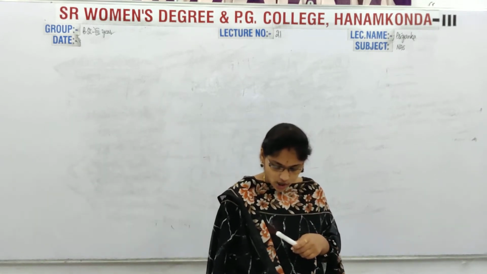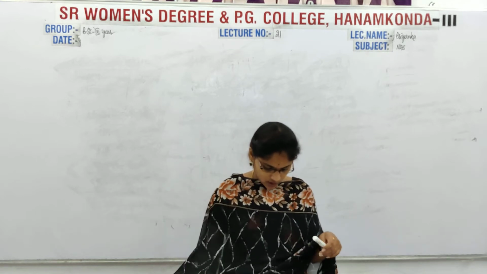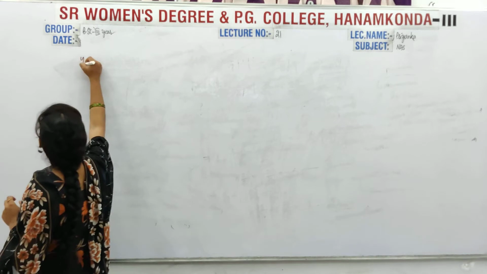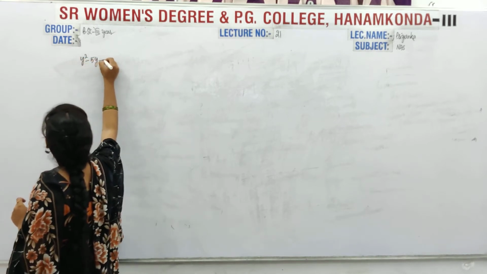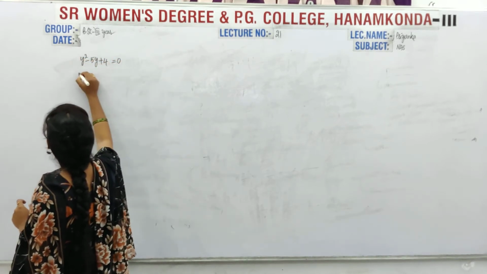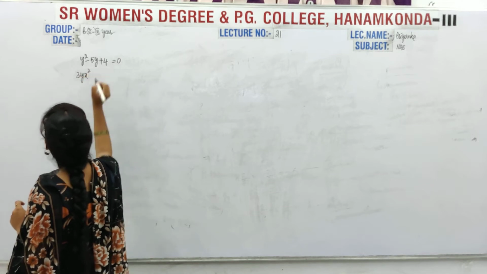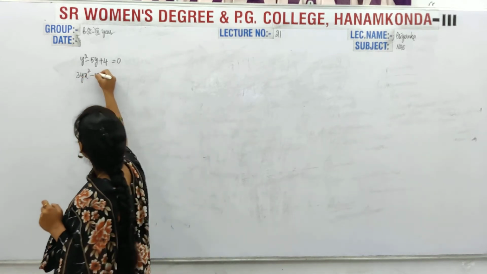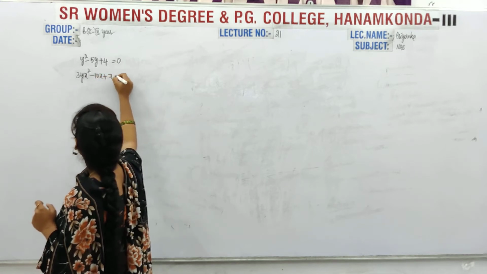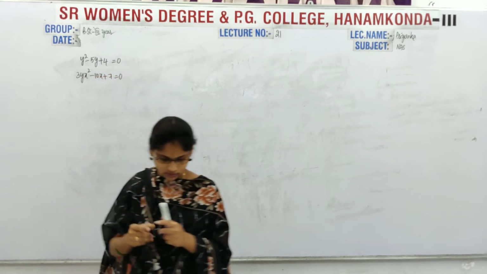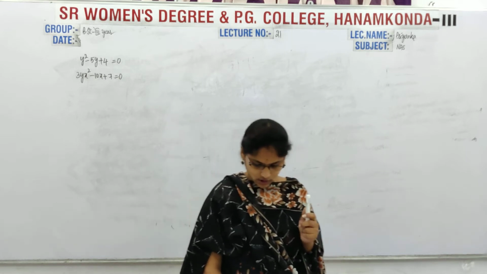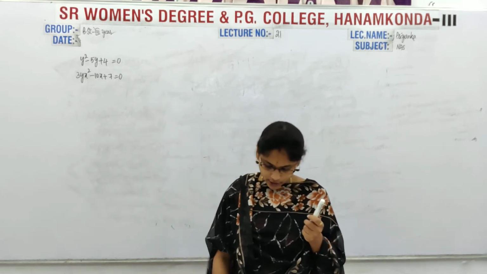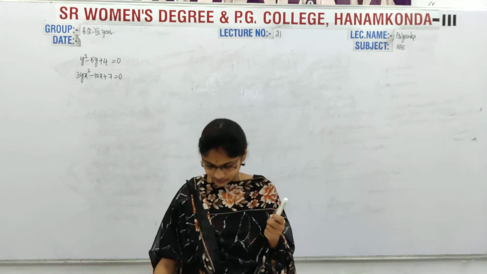Now write, solve the system of equations 3yx square minus 10x plus 7 equal to 0, y square minus 5y plus 4 equal to 0 by using the Newton-Raphson method.